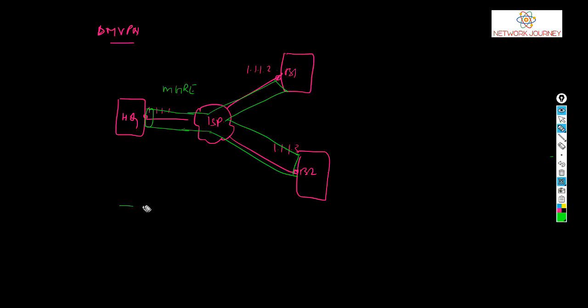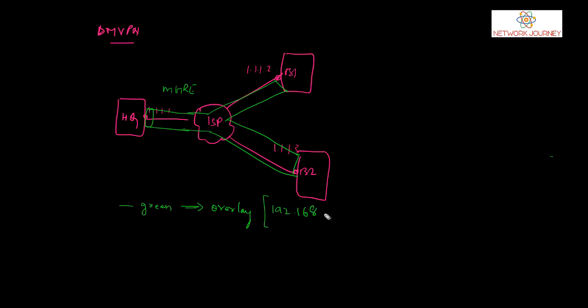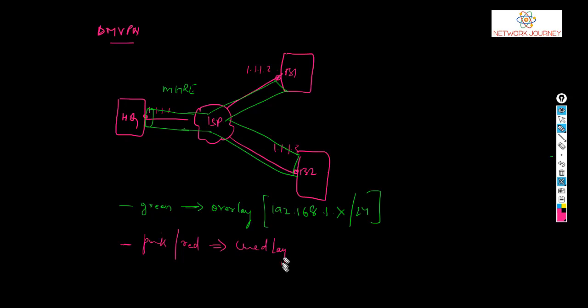This green in color is nothing but it acts as an overlay, and this overlay will be a private network, 192.168, any such network, whereas the red or the pink color acts as an underlay. It's basically the public IP which connects to the ISP. So this is how the overview of DMVPN would look like.